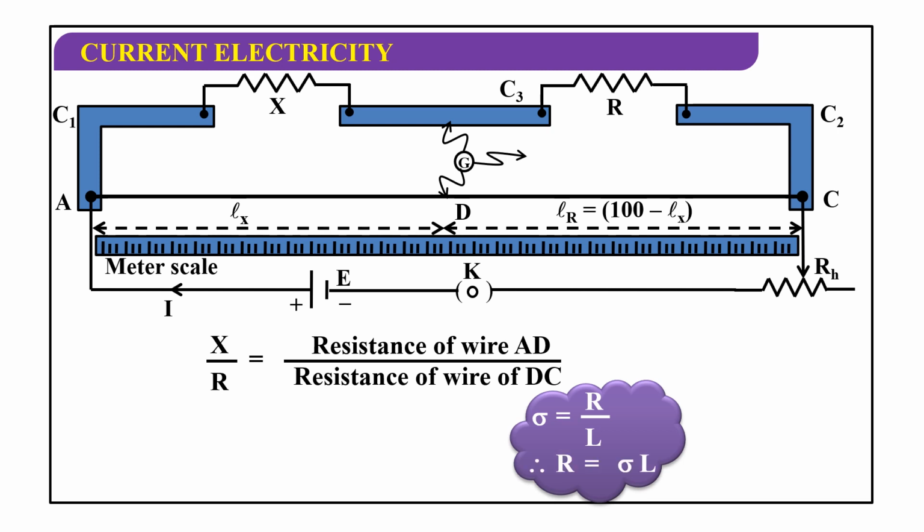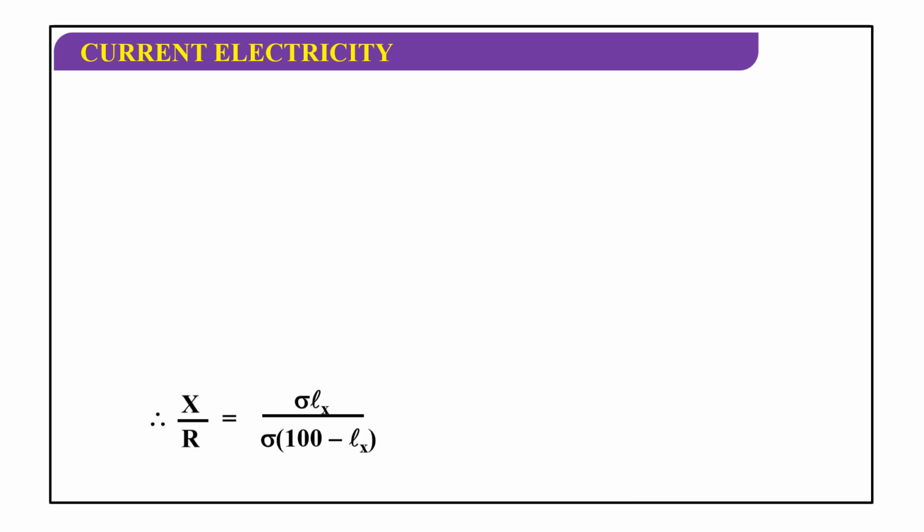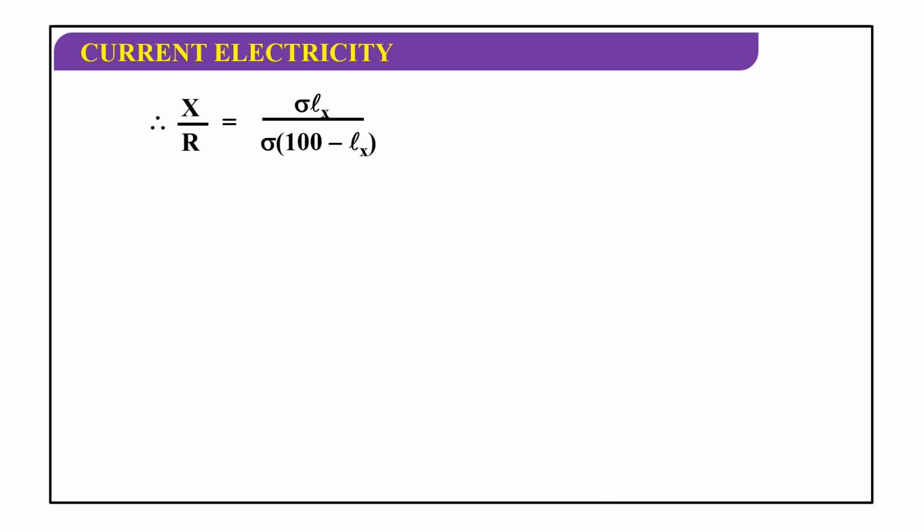Therefore, R is equal to sigma L. So X by R is equal to sigma Lx by sigma into 100 minus Lx. Sigma cancels. So X by R is equal to Lx by 100 minus Lx.